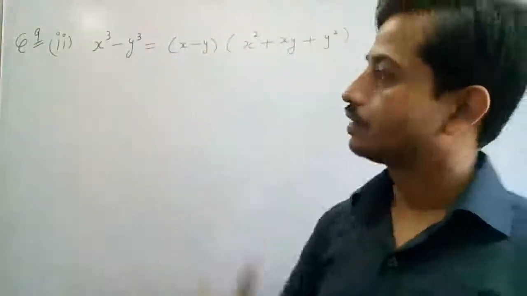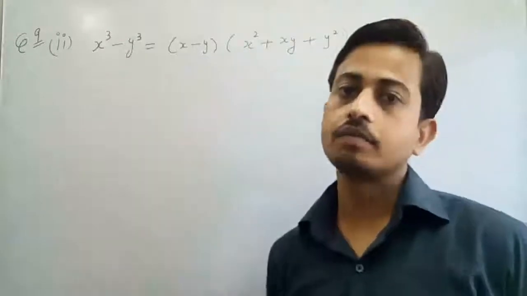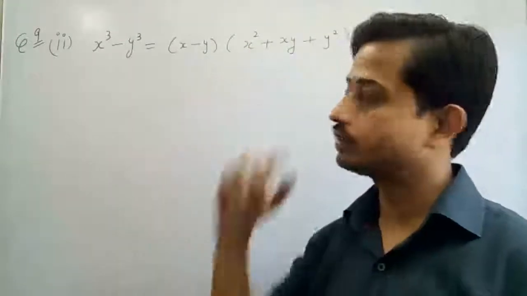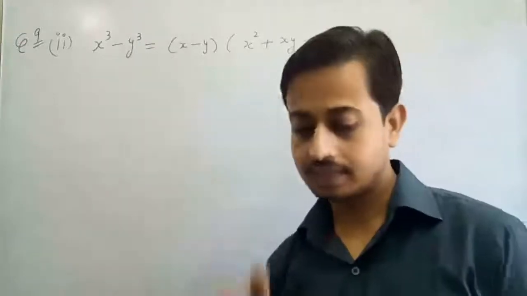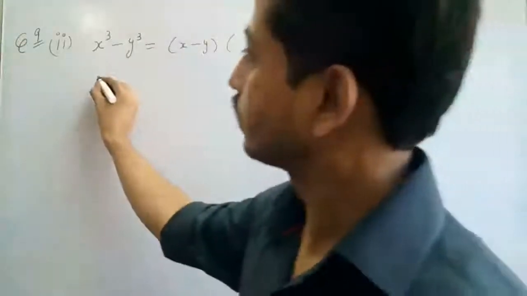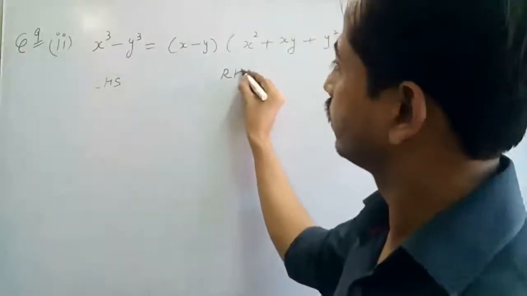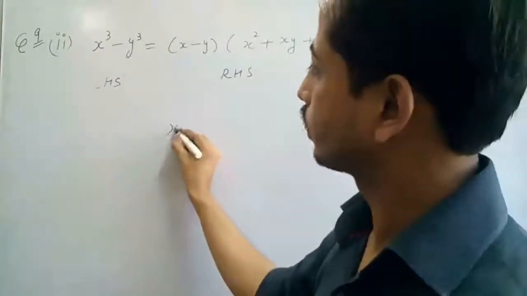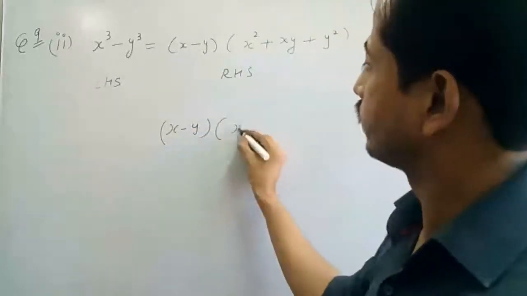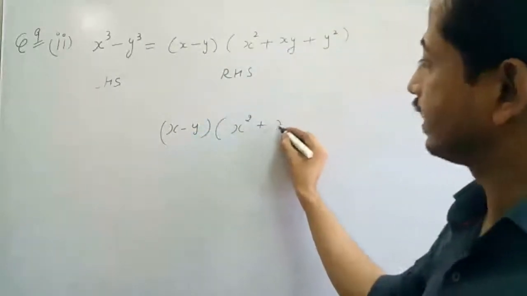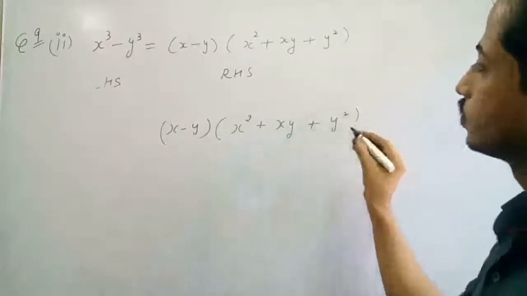Now look at question number 9, second part. It is also identity number 10. Now look at this. How will we prove? By taking the right hand side. So this is our left hand side and this is our right hand side. I am going to solve the right hand side: x minus y multiplied by x square plus x into y plus y square.